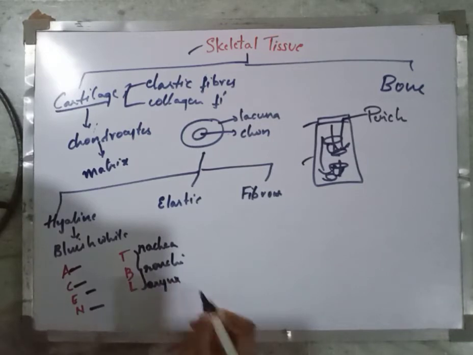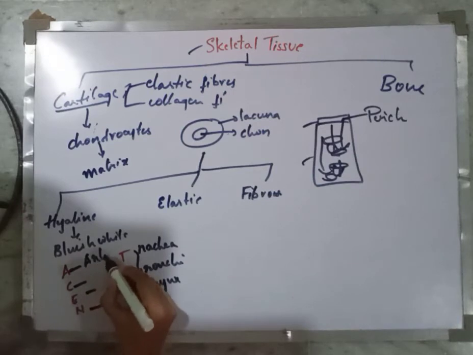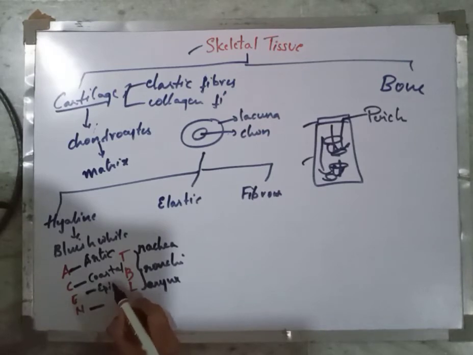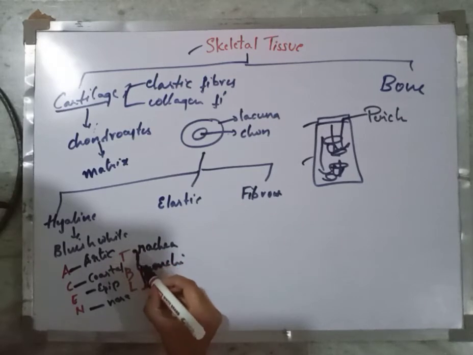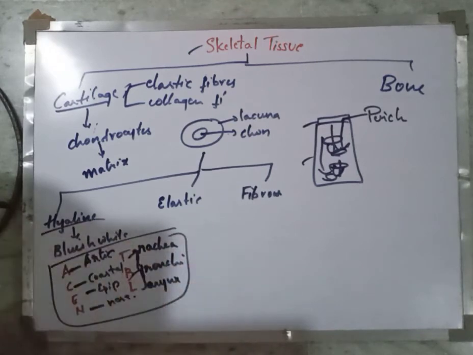So these are the examples of hyaline cartilage. This is articular cartilage, these are the costal cartilages, these are the epiphyseal plates, this is the nasal septum, and the cartilaginous rings of trachea, bronchi, and larynx. So these are overall examples of hyaline cartilage.